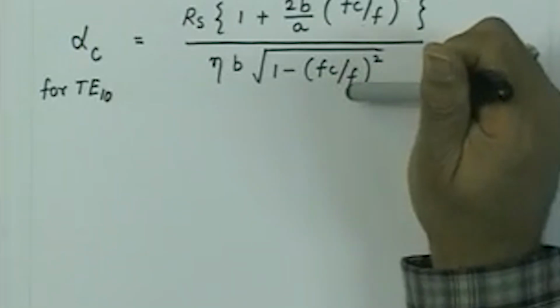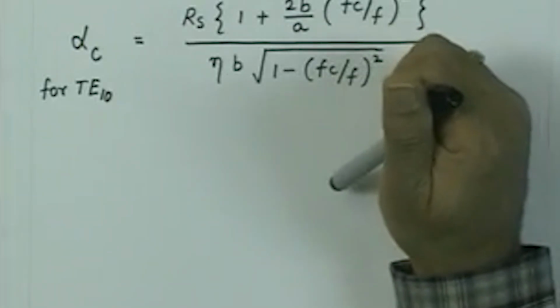And as we know, when frequency approaches the cutoff frequency, there is no propagation of the mode, the propagation ceases. So, the power essentially bounces back and forth between the two surfaces, and the power essentially is absorbed in the ohmic losses in these walls, and the attenuation constant becomes very large.